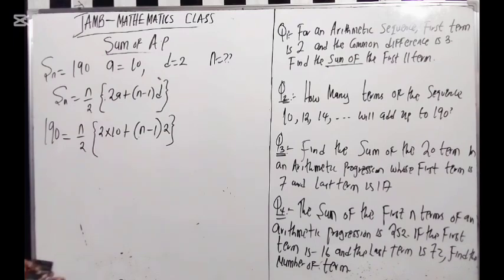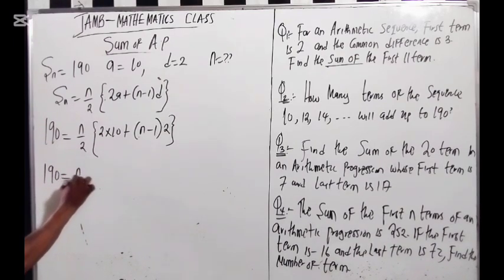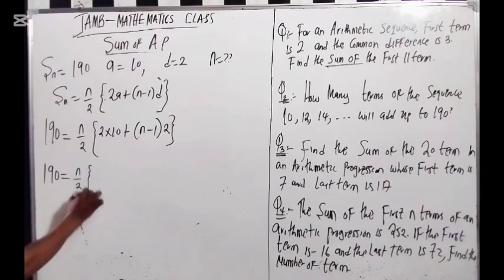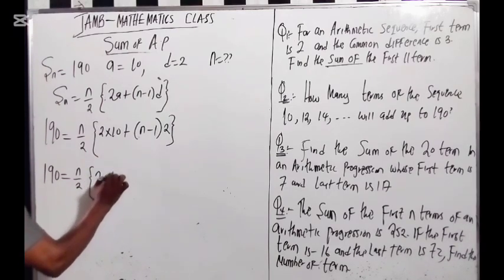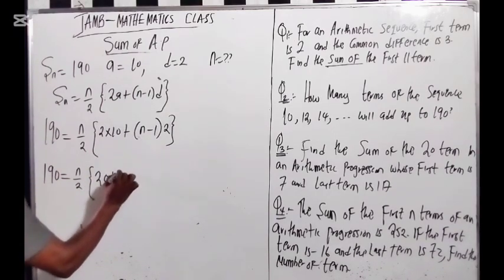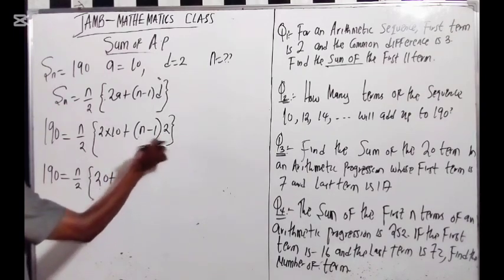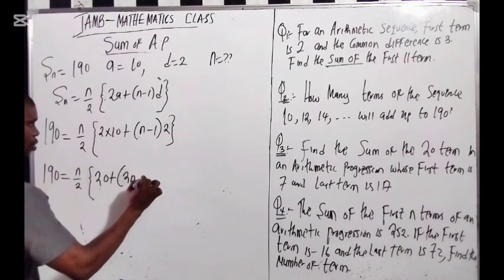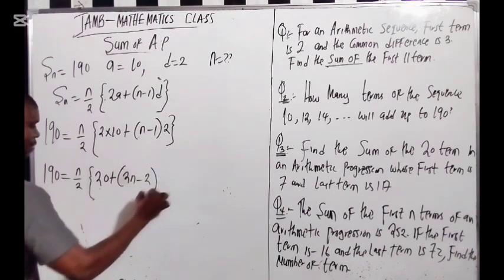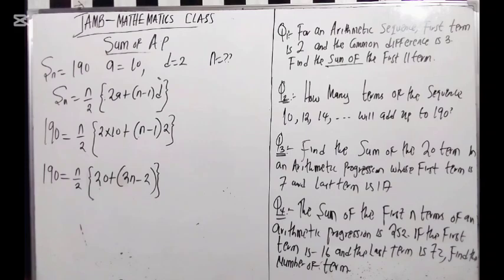So we have 190 equals n over 2 times 20 plus (n minus 1) times 2, which is 2n minus 2. Now let's open the bracket.